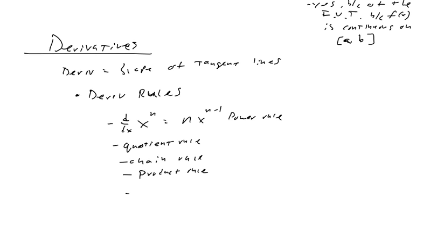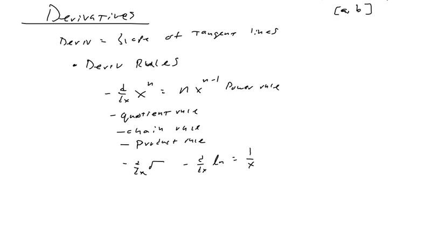Know how to do the derivative of a square root, d dx of square roots, right? You should know the derivative of ln is 1 over x. You should know the trig derivatives.